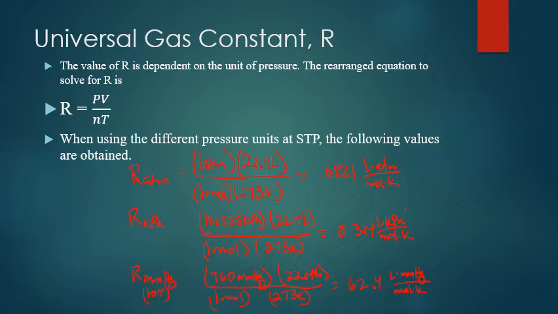If you'd like, you can just simply memorize the 0.0821 for your atmospheres, and then just convert whatever the given pressure is, whether it's millimeters of mercury or kilopascals, into atmospheres, and then use that one R value to solve the problem. Either way you can do it, and you'll still get the right answer.